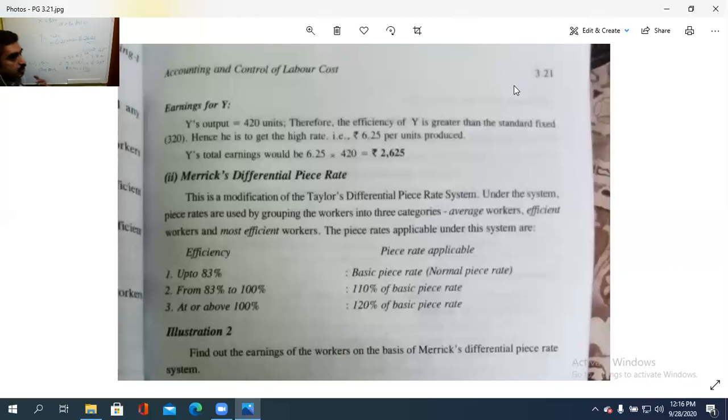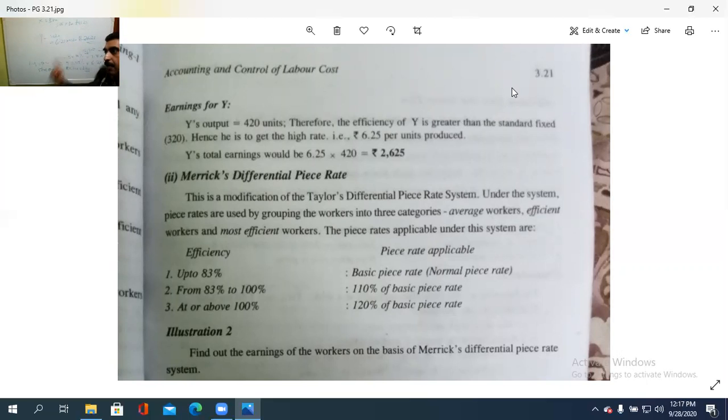Standard piece rate contributed, standard production contributed. Standard piece rate contributed, 75% if the low efficiency rate, and 125% if the high efficiency rate. Standard output contributed. Our actual output X is 300, about 320 is standard output, so 300 is low efficiency rate.